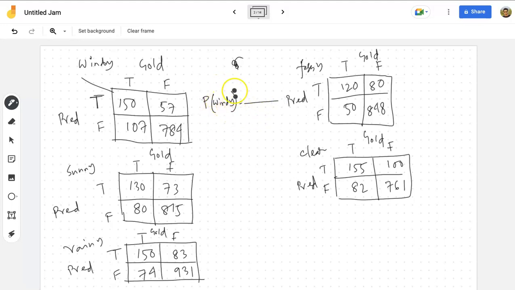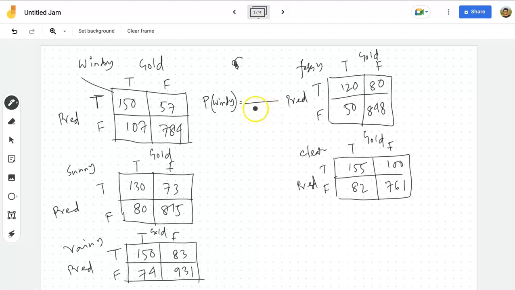Precision is the number of times you predicted that class, and among them how many times it is really windy. So in the denominator, the total number of times you predicted windy.